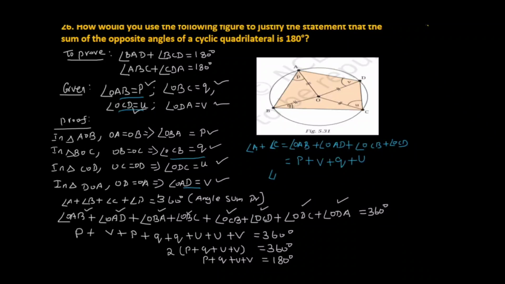So angle A plus angle C is equal to 180 degrees. Opposite angles are supplementary to each other.